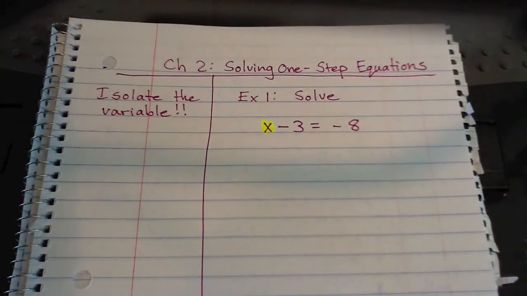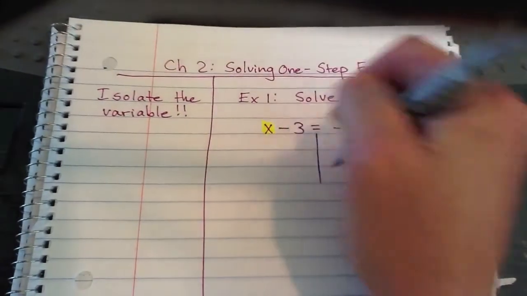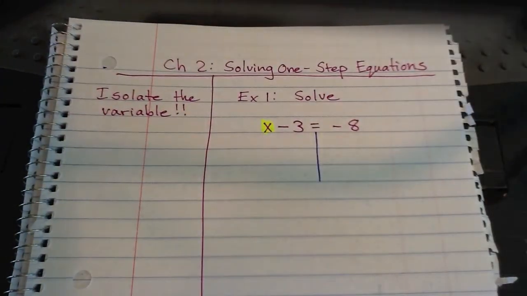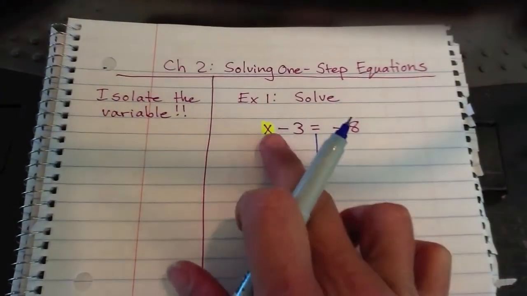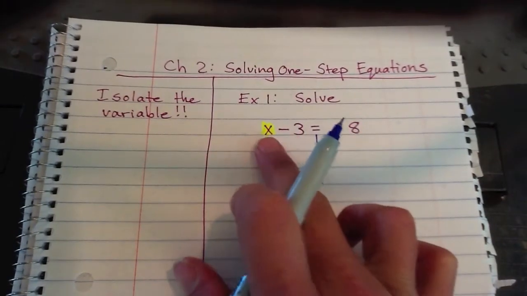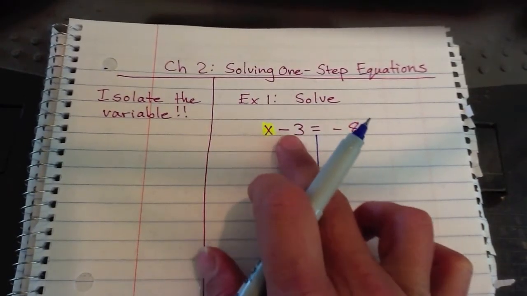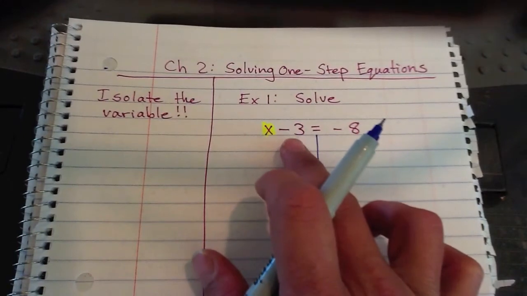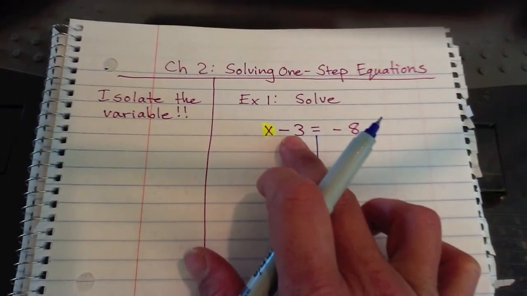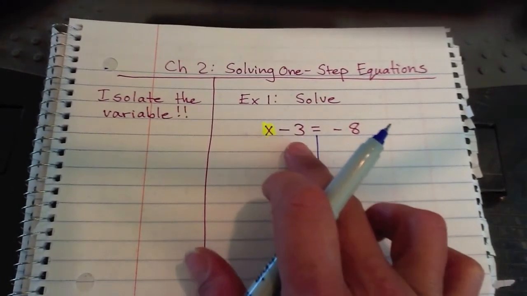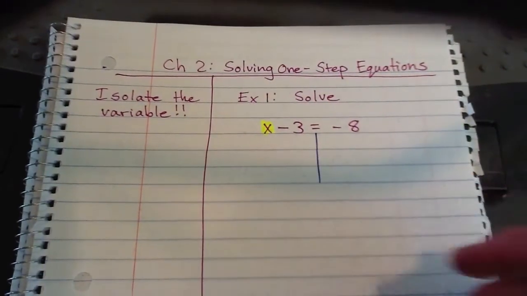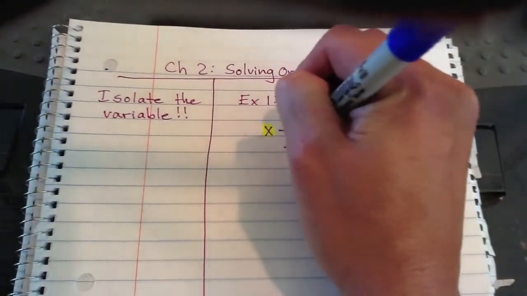I need to move everything that's on the left with it away. And the way that we do that is by using the inverse operation. Negative 3 is actually adding to x, or you can say 3 is subtracting from x. So the inverse operation of that, since it's addition or subtraction, would be using the opposite sign to get 0. So I add 3 to this side.